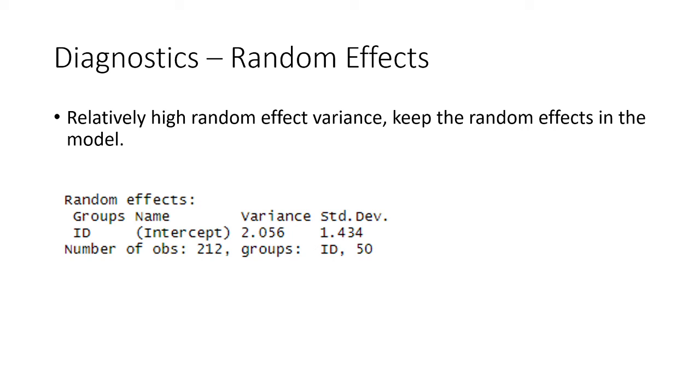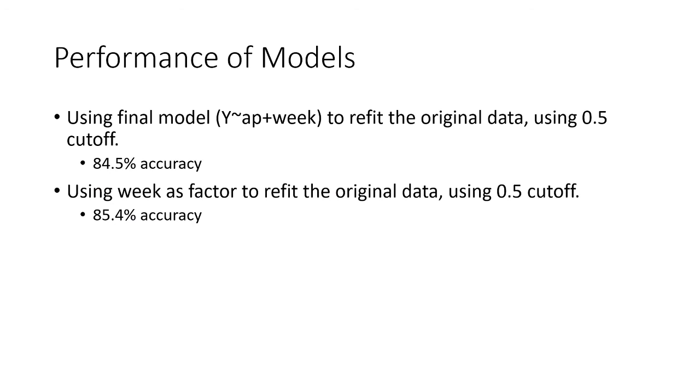Now we're going to see the diagnostics of the test and the random effects diagnostics. The variance is relatively high, it's not 0 definitely, and we do keep the random effects in the model. I also went back to refit the model and use a cutoff to refit the original data.